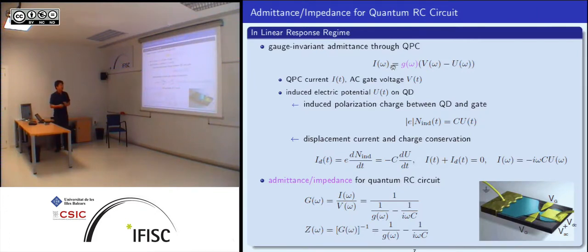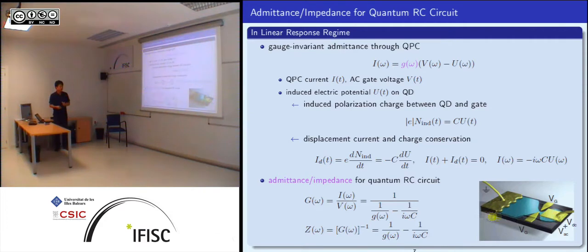So actually, I now want to go to the detailed derivation. I just give you the result first. What we want to calculate is the admittance, which is given by the current divided by the voltage, or its inverse, the impedance. We have two components here.